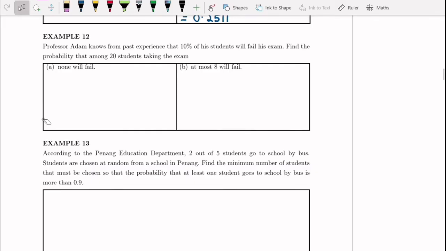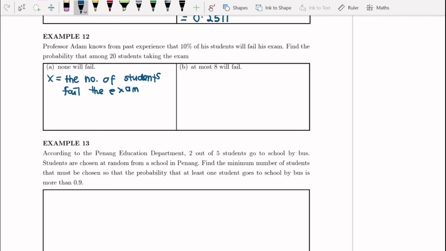Before we solve this question, we will let x be the number of students that will fail the exam.